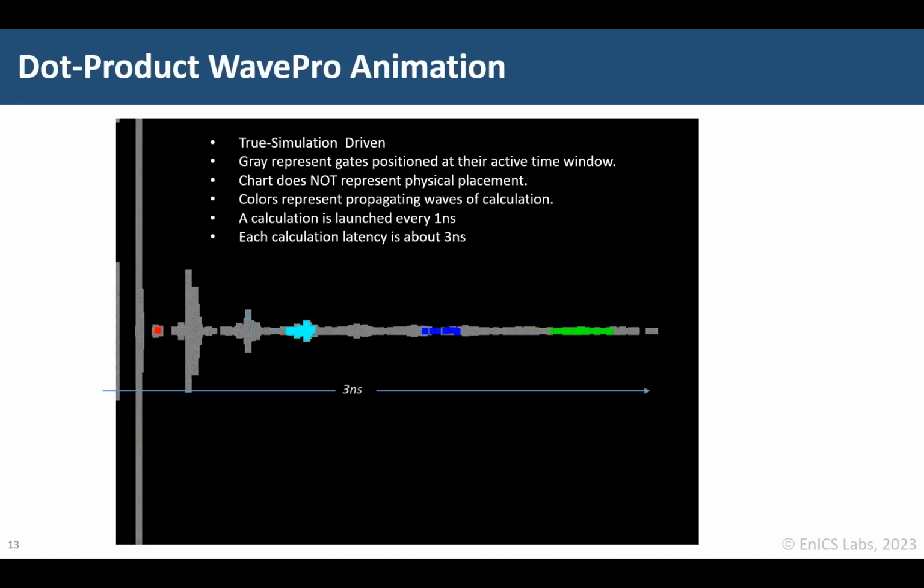This animation is based on true back annotation of timing. Each of the gray boxes represents a gate. It's not the way it is placed in the chip. It is placed on this chart on the timing window along the propagation delay. So to propagate the calculation takes 3 nanoseconds, but we can launch a wave every 1 nanosecond in this case, just to simplify it.